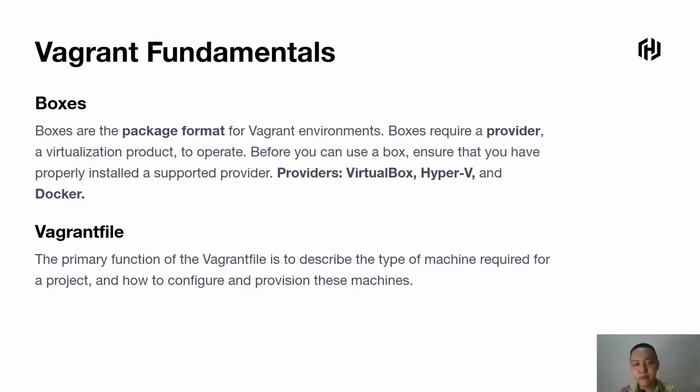Other than that, we need to know about the Vagrantfile. Previously, I mentioned a configuration file. So the configuration file is the Vagrantfile. We use the Vagrantfile to define our virtual machine. We define the specification and how to run it and how to set up the virtual machine.